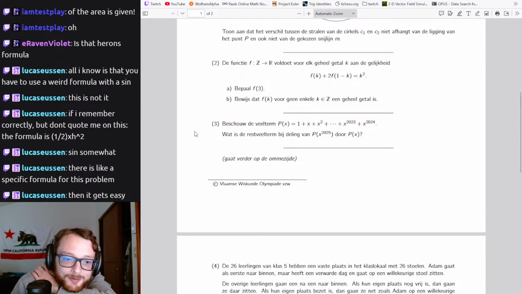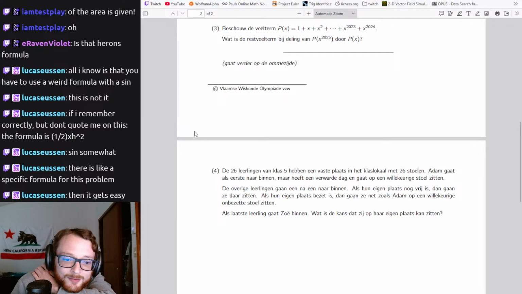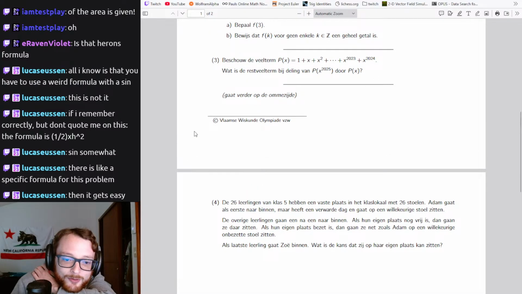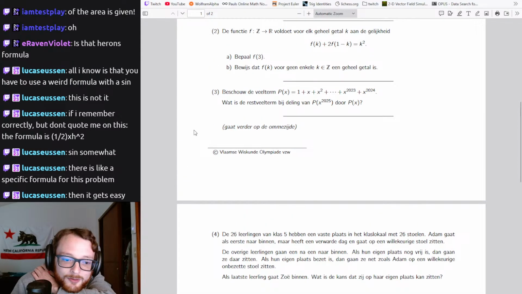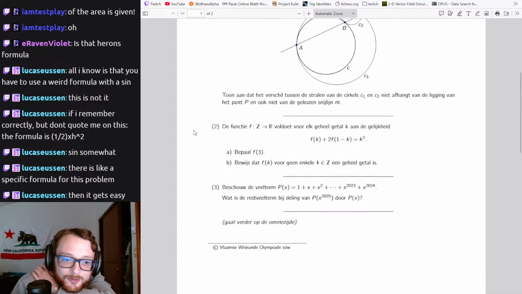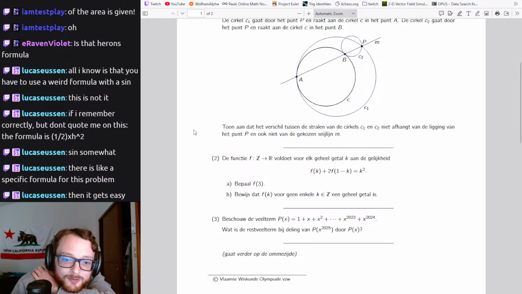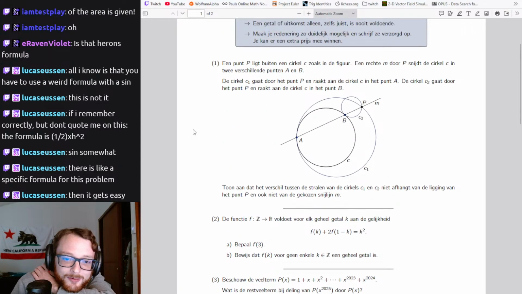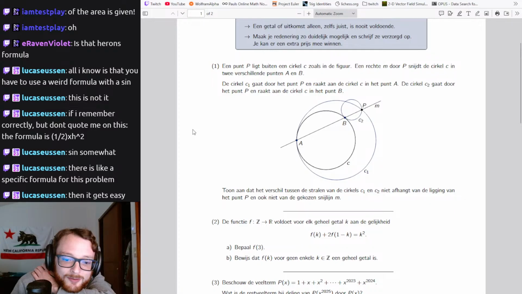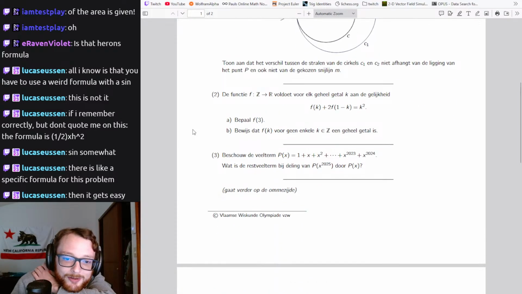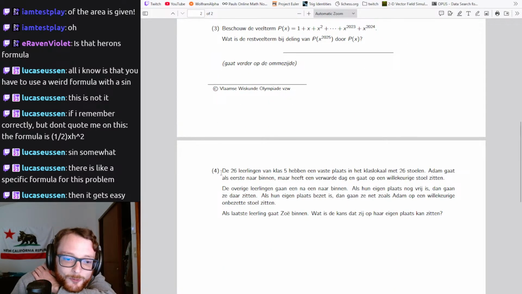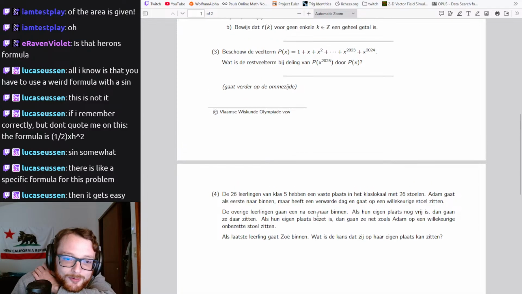What looks fun? I'm kind of leaning towards 2. I don't know why though. The others just look way scarier. Well, 4 I don't know, because it's all words.